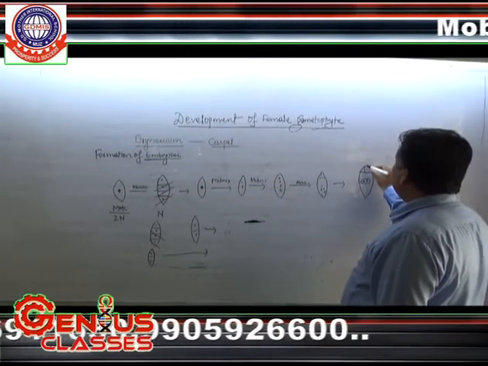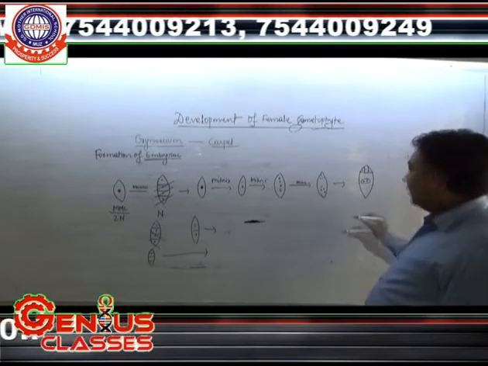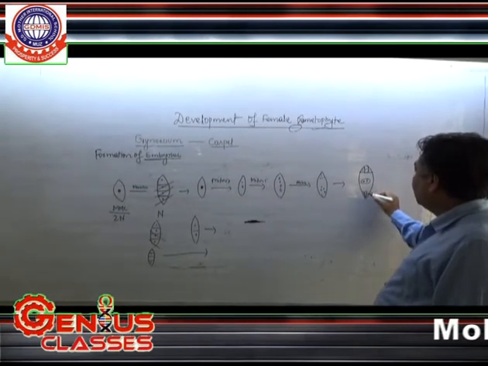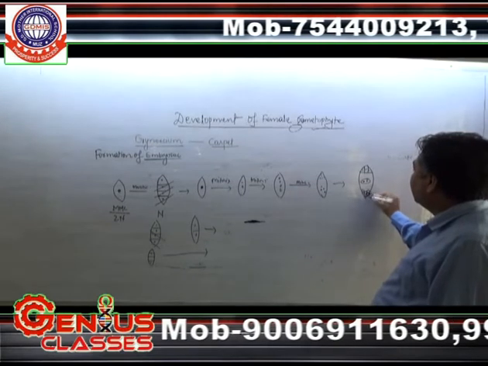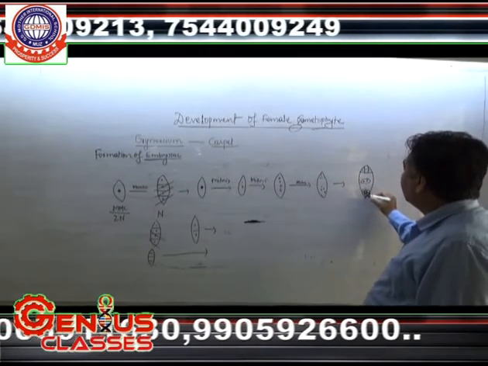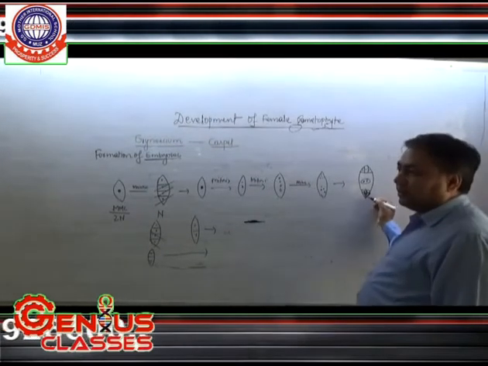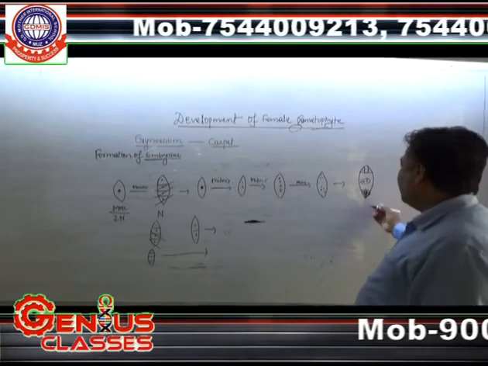3 cells will be produced on this side; they are known as antipodal cells. One egg cell will be produced here and 2 synergid cells. So this is a 7-celled, 8-nucleated structure, which is known as the embryo sac.